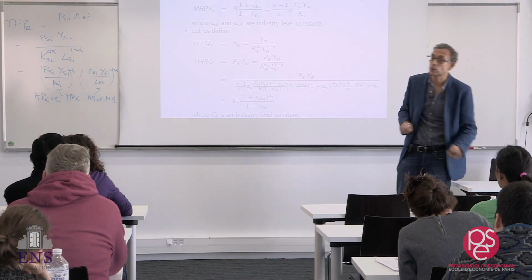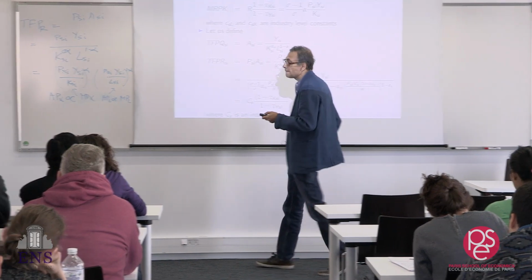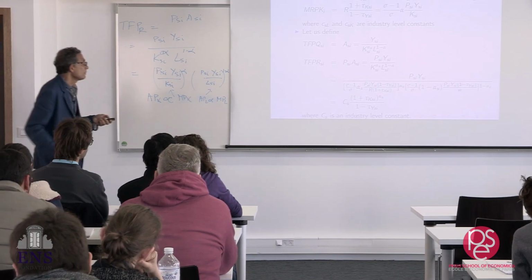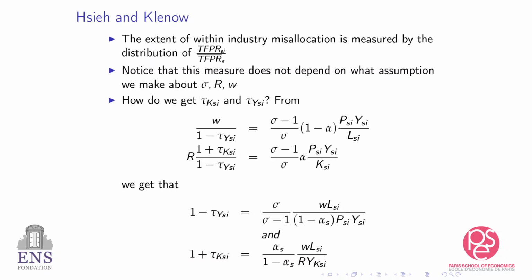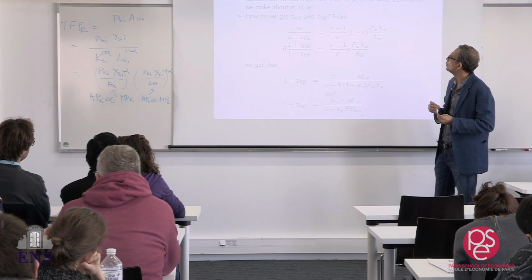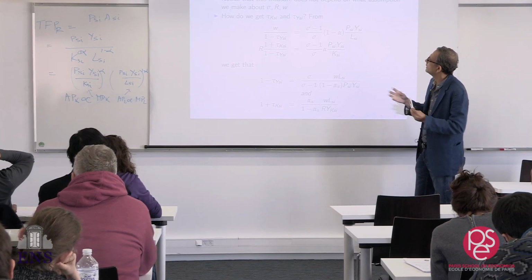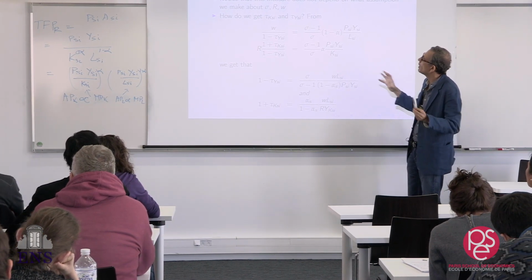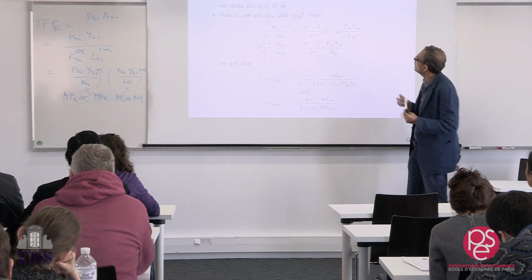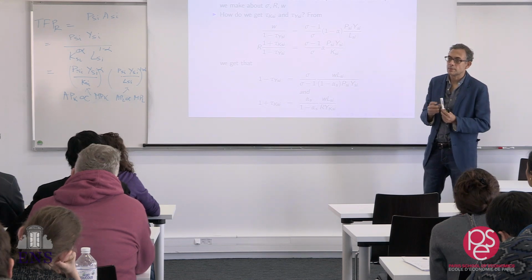The theory tells you what it should be, so you'll have to find values of it. Suppose I want to find the firm-level variation in the marginal product. What is the firm-level variation in the marginal product?